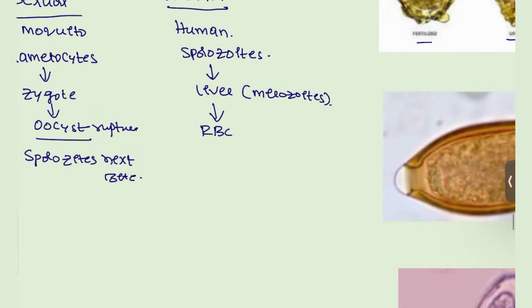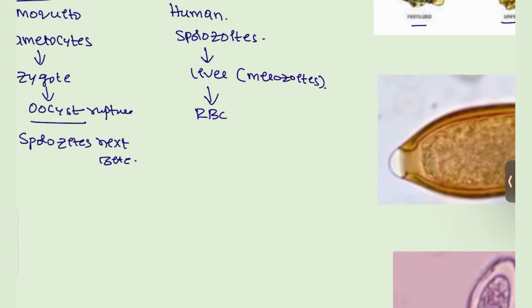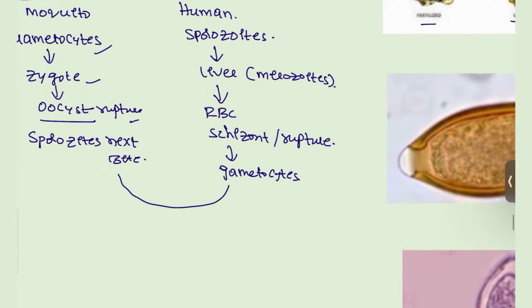Here the erythrocytic cycle will start. Again, these will form the schizonts, and once the schizont ruptures, the cycle will form again. Then again the gametocytes will be formed. Again these gametocytes will be ingested by the mosquitoes, forming zygotes and oocysts. This will be a vicious cycle that continues.